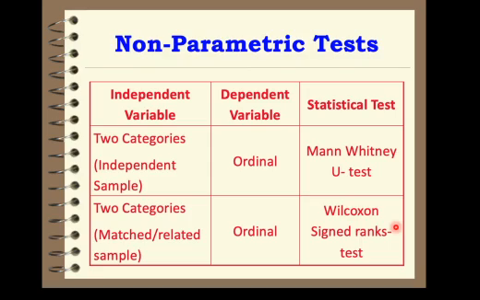So Wilcoxon Signed ranks test is the counterpart of a paired t-test in the parametric tests. But just to tell you that the dependent variable can either be ordinal or interval, and we have the Mann-Whitney U test for 2 categories for independent samples, and Wilcoxon Signed ranks test for 2 categories matched related.